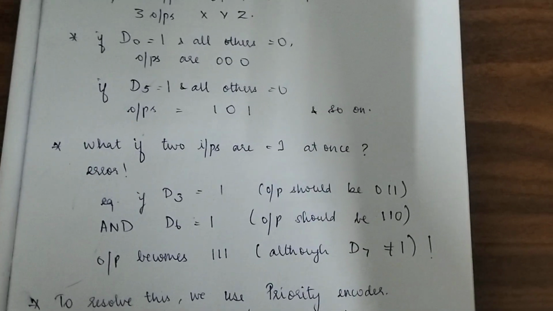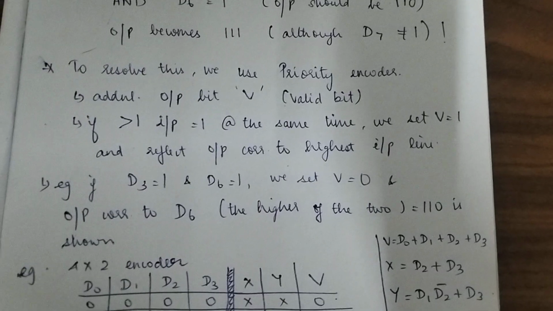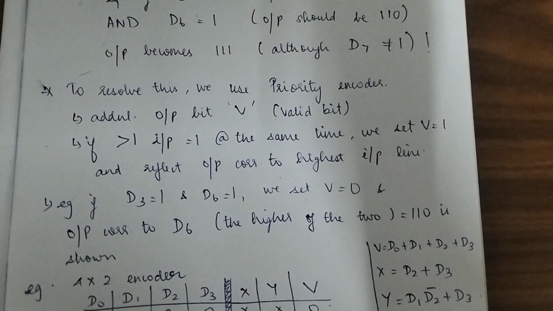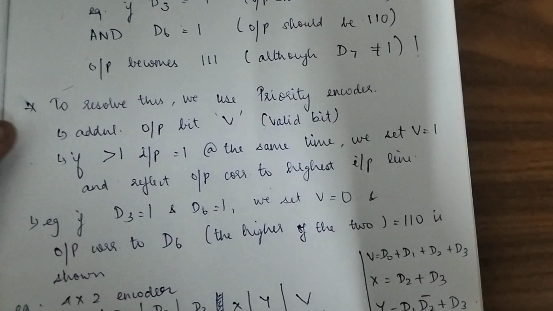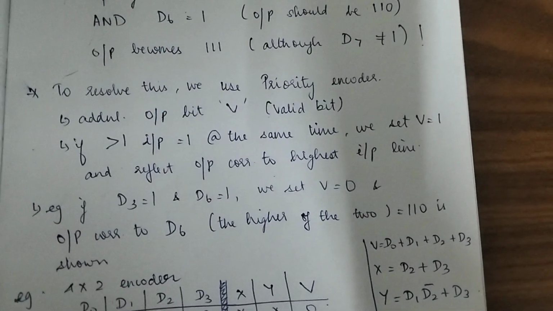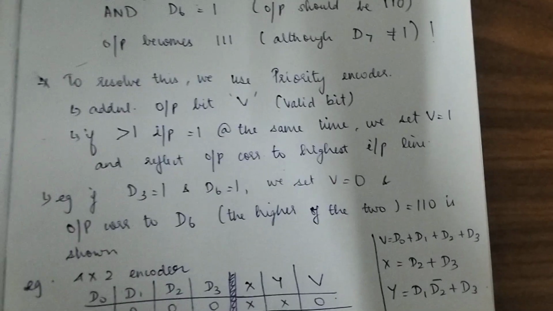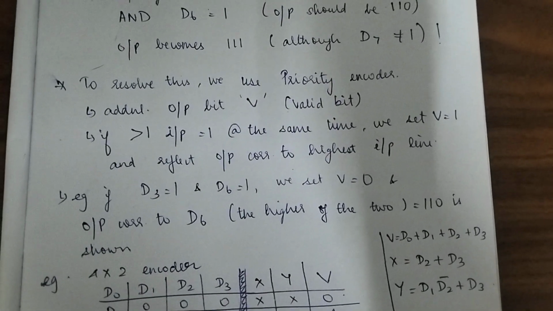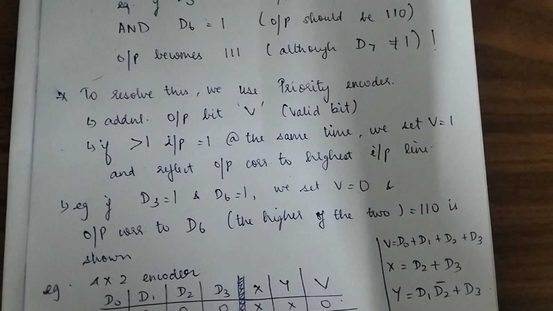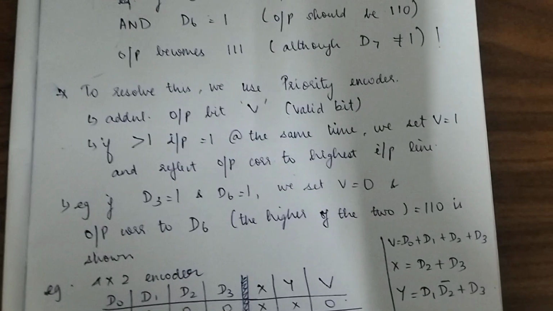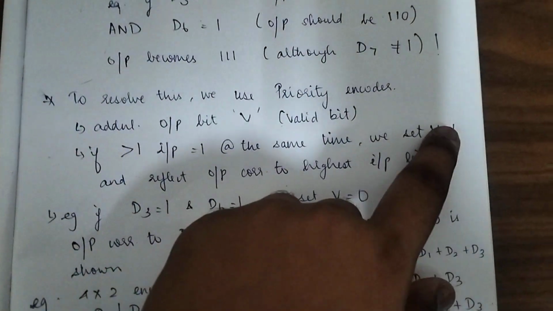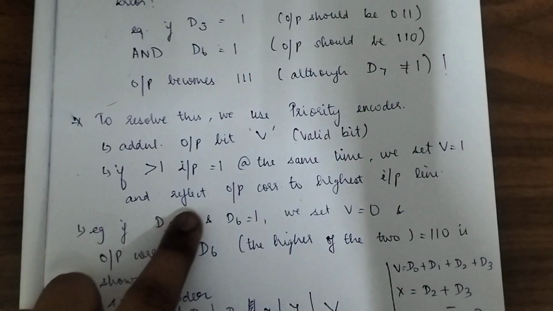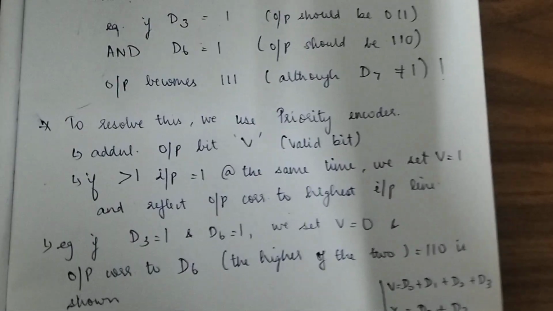For that we use something called the priority encoder. What we do here is, apart from our usual output bits, we add one additional bit called V, which stands for the valid bit. This valid bit indicates whether any input is switched on. If one or more inputs are high at the time, then we set V equals 1 and reflect the output corresponding to the highest input line.